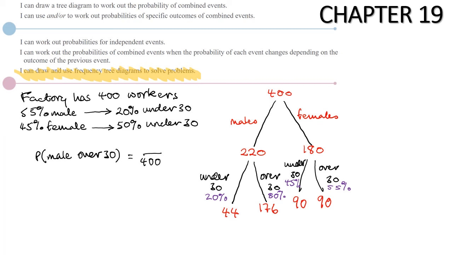And there are 176 that are over 30, so there we go. What if I wanted to work out the probability that it was a female under 30? Well, again, it's out of 400. And how many females are there under 30? There's 90. So these are the probabilities here using what we call a frequency tree.